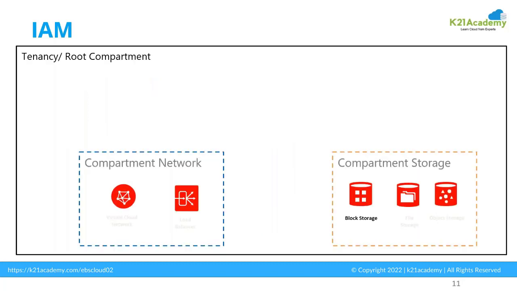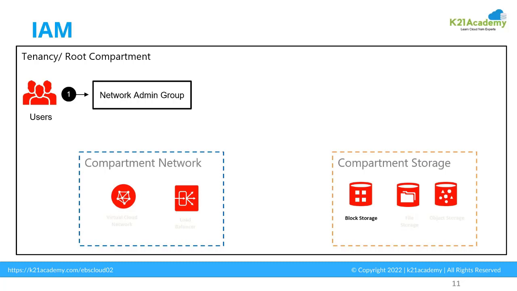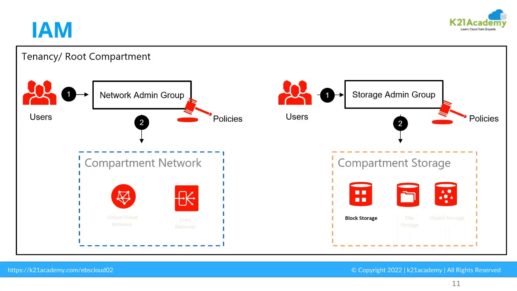Here you can see there are two compartments, say the storage compartment and the network compartment. The network admin group has the policies to maintain the network resources in the network compartment, and the storage admin group has the privileges, added via policies, to maintain the storage which belongs to the storage compartment.